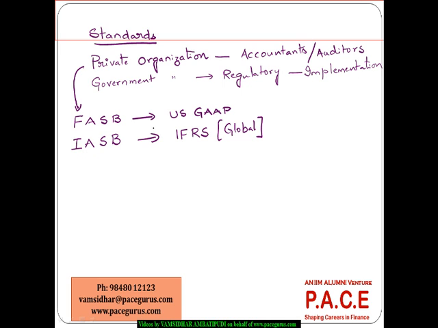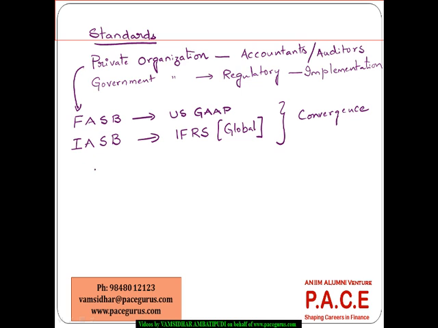Similarly, we find so many different accounting standards across the world. Different organizations set up different standards with respect to different financial transactions, and now because of the global operations there is a need for some kind of convergence across these various standards.